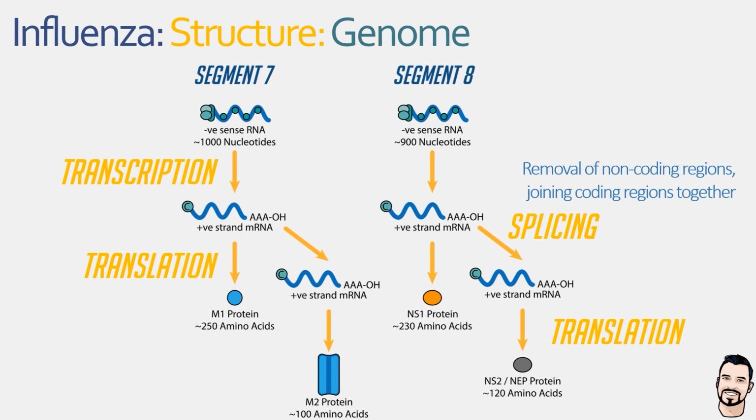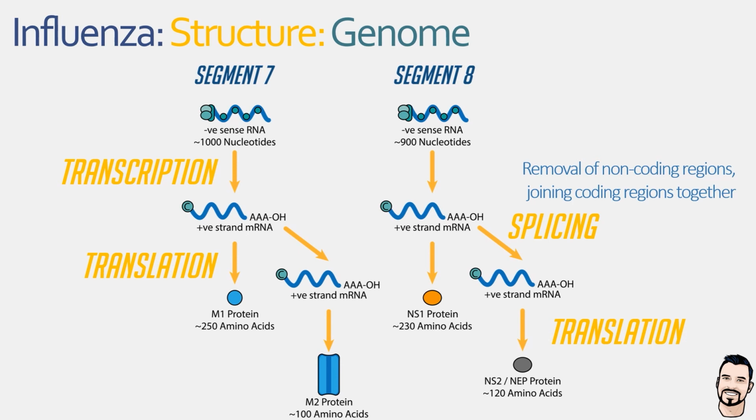Now I have glossed over this splicing process as this is something you should know from your previous genetics lectures, and if you can't remember the process for this, make sure you go back through your lecture notes and look it up.